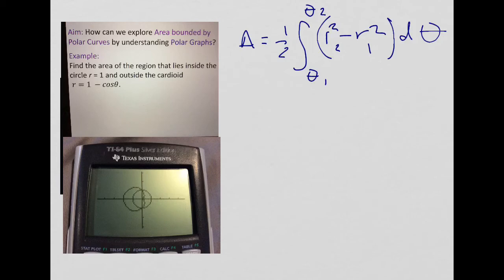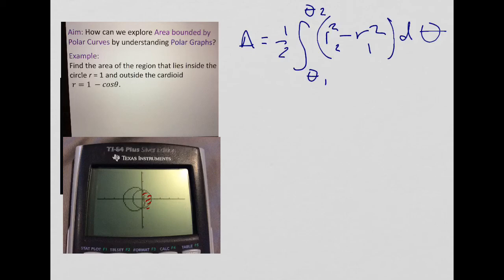Okay, so the region that lies inside the circle but outside the cardioid would be this region here that I'm trying to shade in red. It's inside the circle, but it's outside that cardioid that I was talking about.